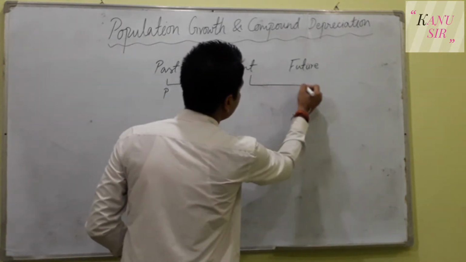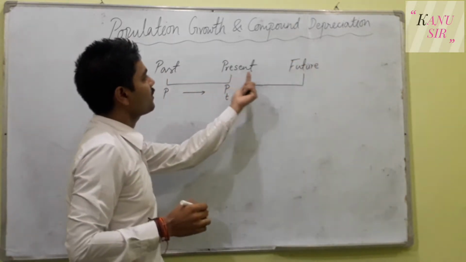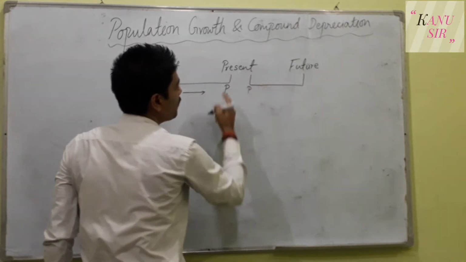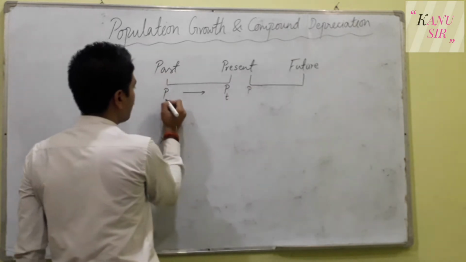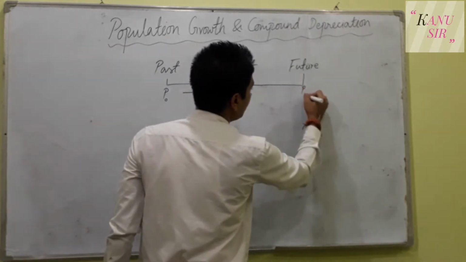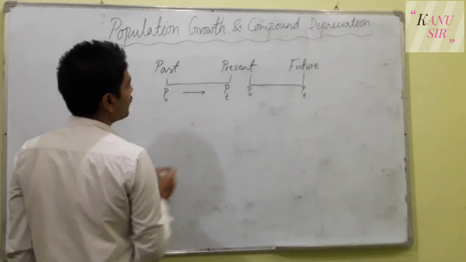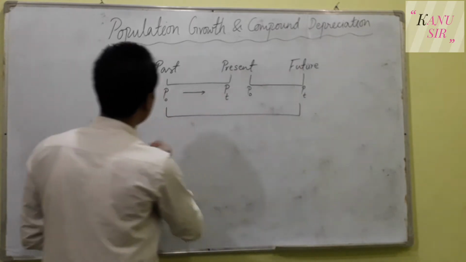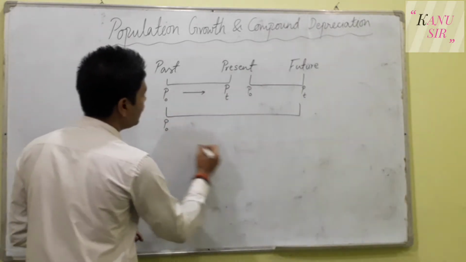If we take the difference between present and future population, we take the present population as P0 and the future population as PT. And if we take the relation between past and future directly, we take the population P0 and the future as PT.